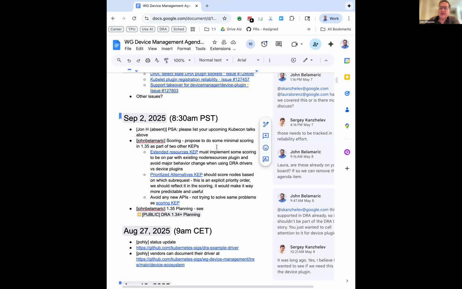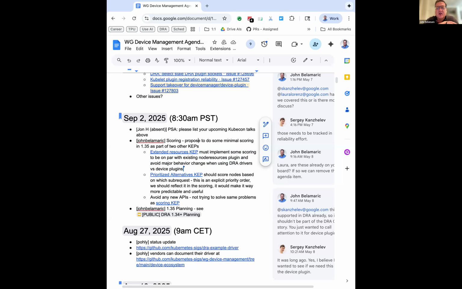One of the key things that's missing is, because the current node resources plugin, which handles the extended resource and the device plugin scoring, has scoring built in, then even if we don't implement any scoring in the dynamic resources plugin, the things that used to interpret extended resources and use them to bin pack will all of a sudden no longer do that, and you'll get a different spread, or even potentially a worse spread than you would prior to deploying the drivers.